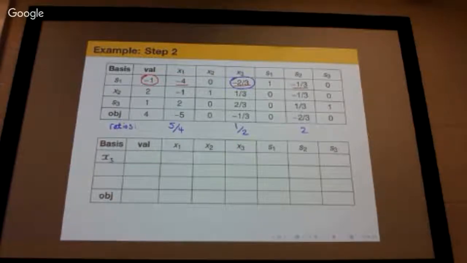So in the basis now we get X3, X2, and S3. So some bits of the tableau are clear.